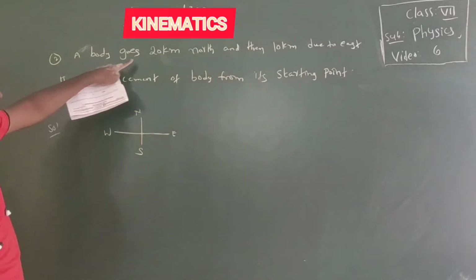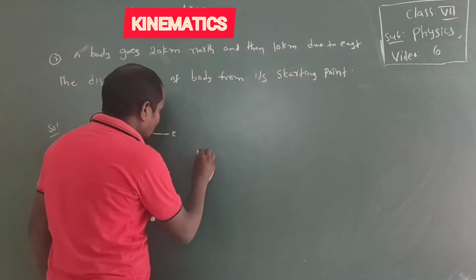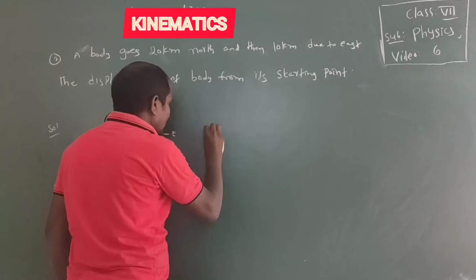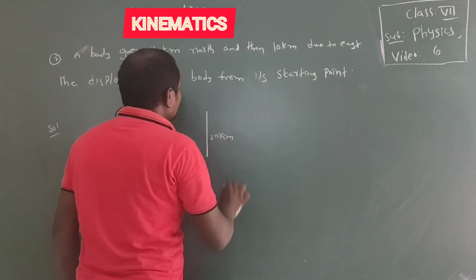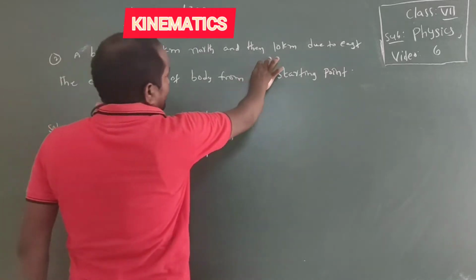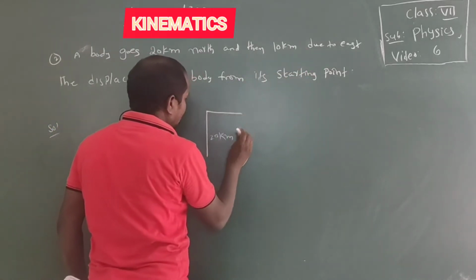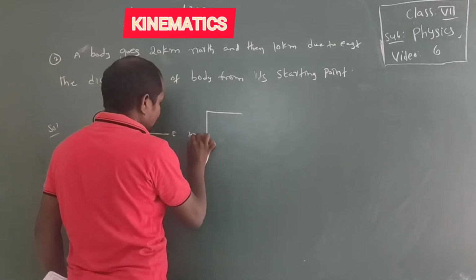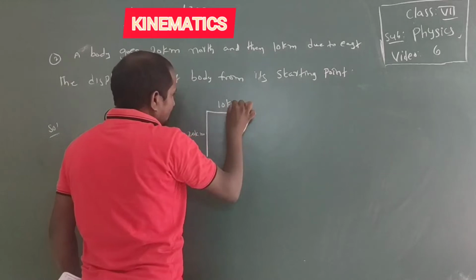Now the body goes 20 kilometers north, and 10 kilometers due east. It is 20 kilometers north and 10 kilometers east.